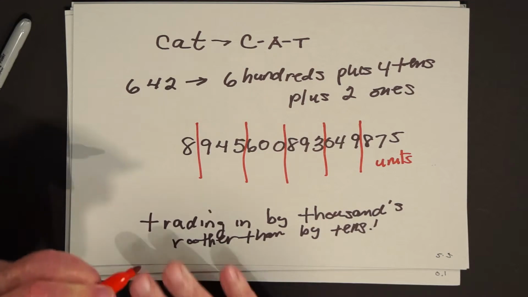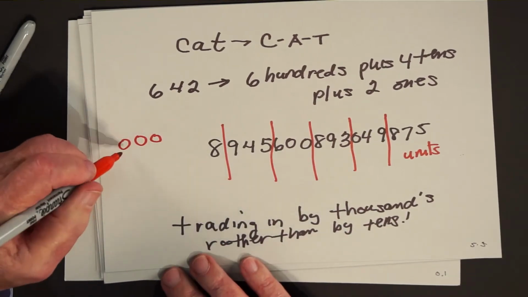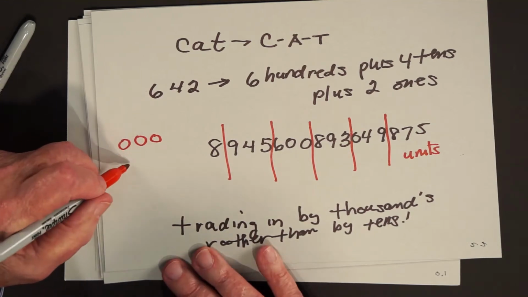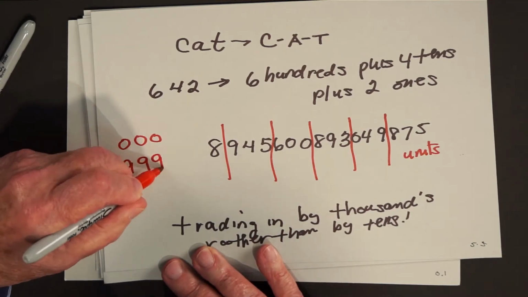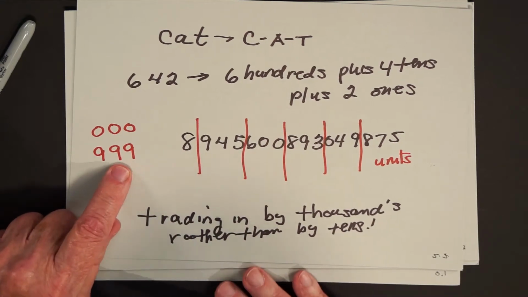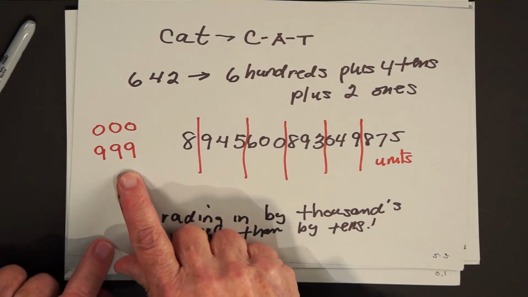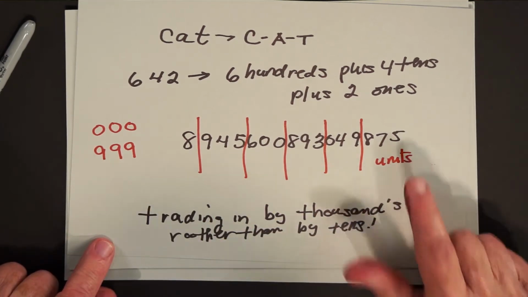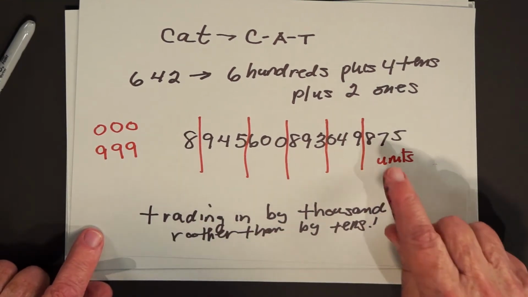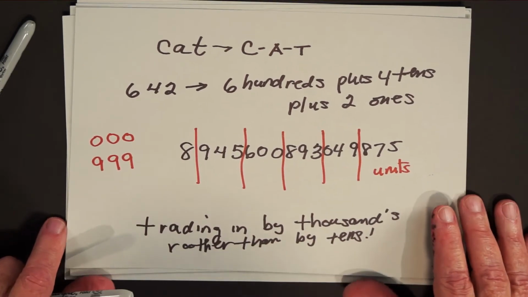In other words, using 3-digit combinations, the smallest number you would have is 000, and the biggest number you would have would be 999. Because once you got bigger than this, a new noun kicked in. So you never had to have more than 999 of any denomination, because as soon as you had 1,000 of one denomination, you could trade them in for one of the next denomination.